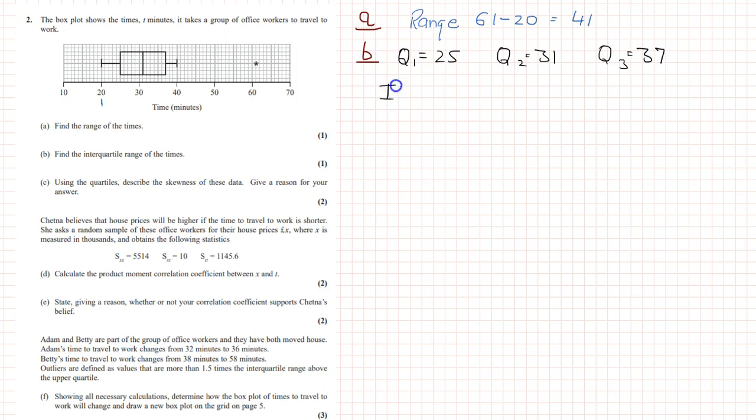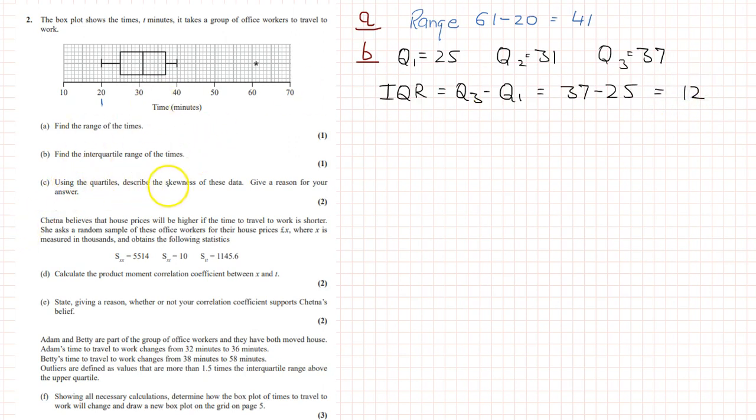So IQR is equal to, we write the formula, Q3 minus Q1. So Q3 is 37 minus Q1 is 25. So that is 12.